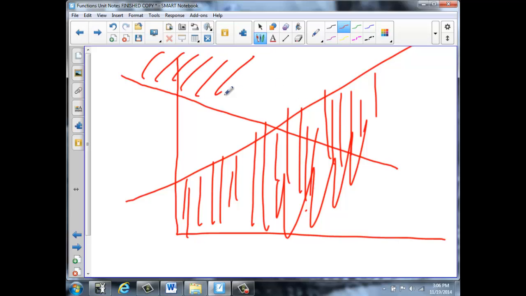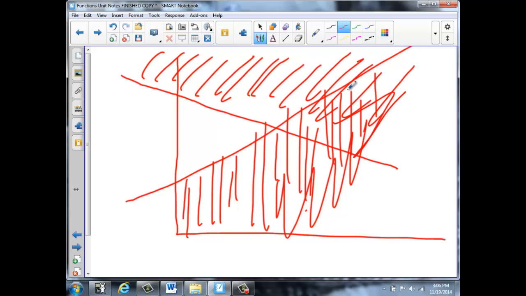That means we would then shade the sections above. Then my question is, where are the answers that are both above this line and below this line? And you'd say, they're over here. And so it often works better to shade where the answers aren't, because then the little section that is not shaded is where the actual answers are.